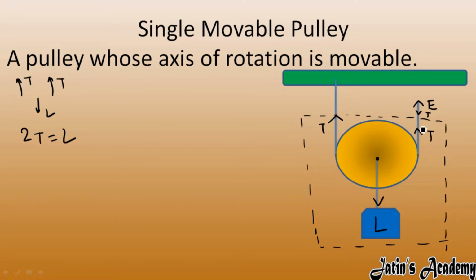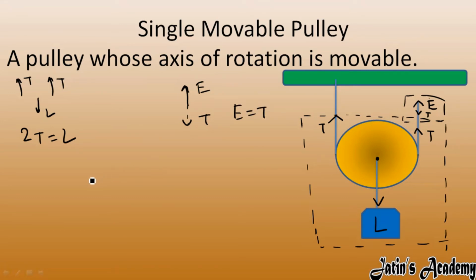Carefully see, for this pulley, the load is acting in the downward direction, and for this load, tension is produced in the upward direction. But at this portion, effort is applied in the upward direction, and for the effort, tension is acting in the downward direction. So if we balance the forces, effort is equal to tension.